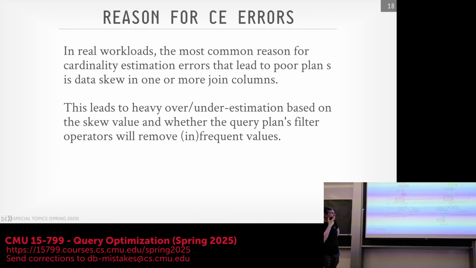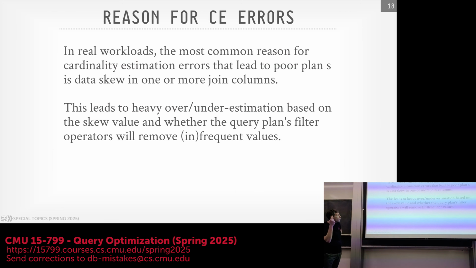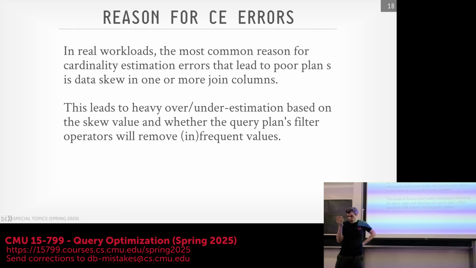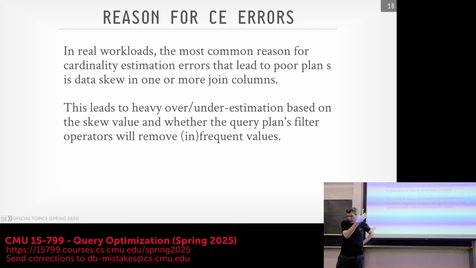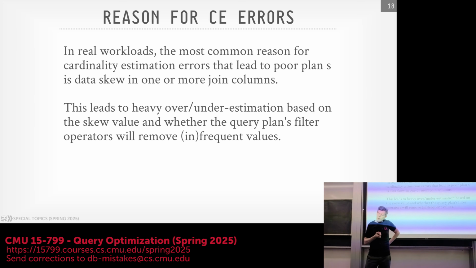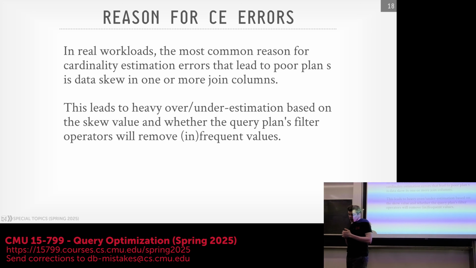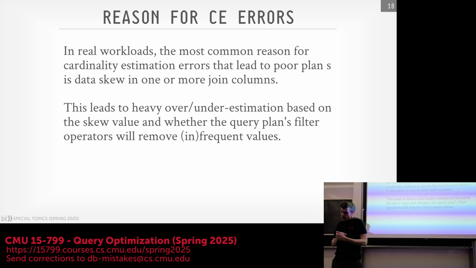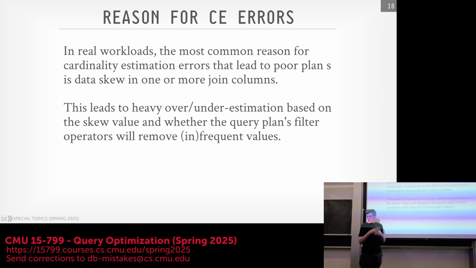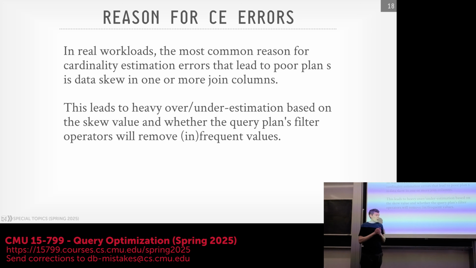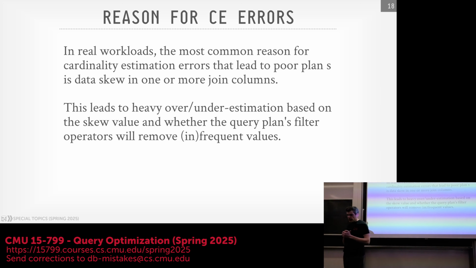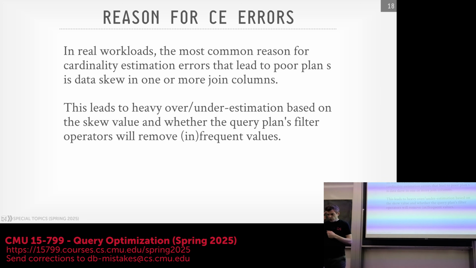Okay, so what's going on? Why are there these cardinality estimation errors? We've seen how they affect the query plans, but why is this occurring? In this paper, which corroborates what the Germans said, when you have skewed data, especially when you're doing joins on skewed data, your cardinality estimations are going to underpredict or overpredict the number of tuples that come out of that join.